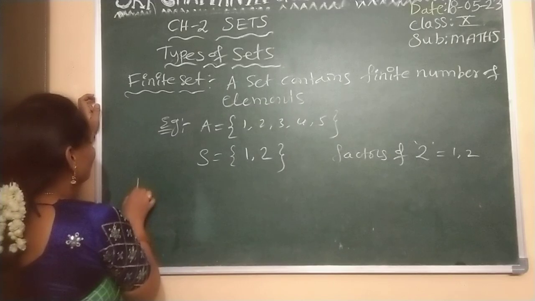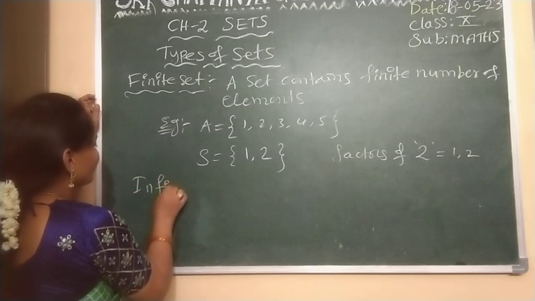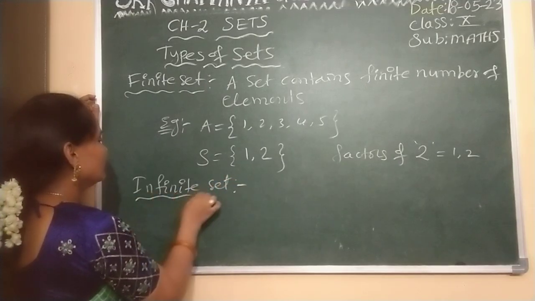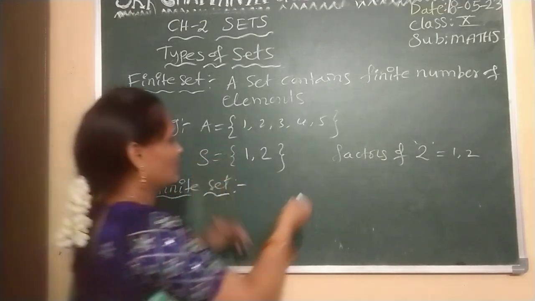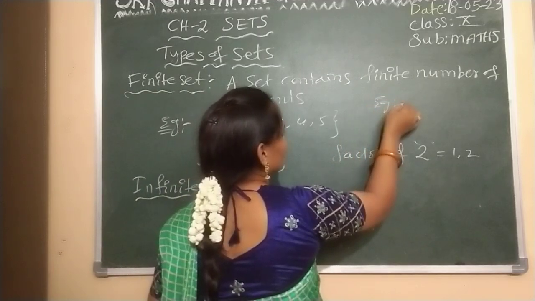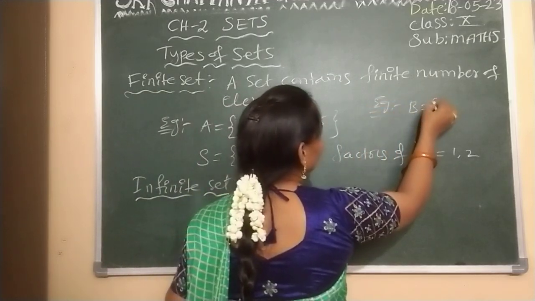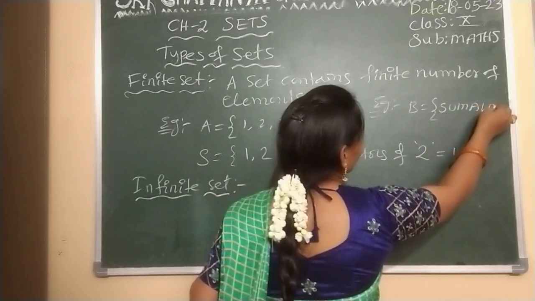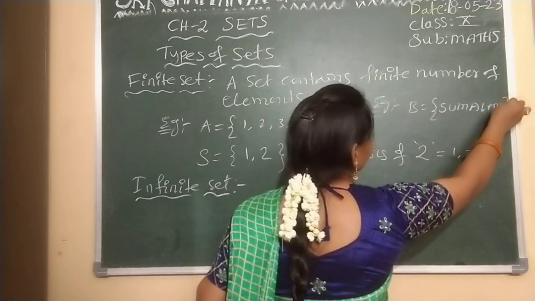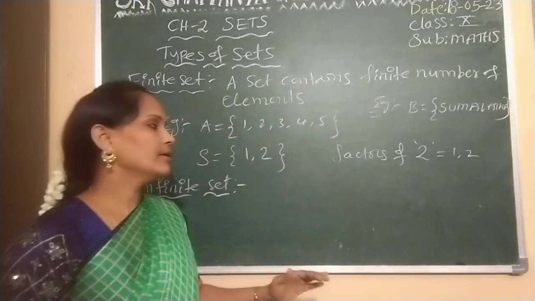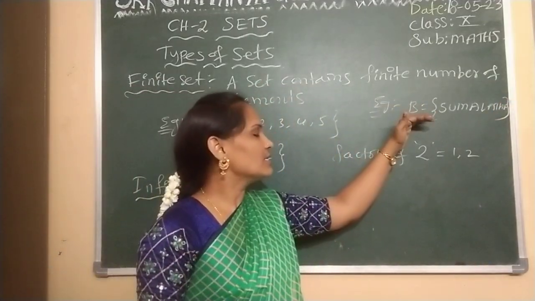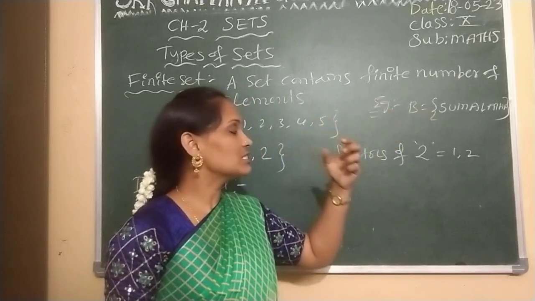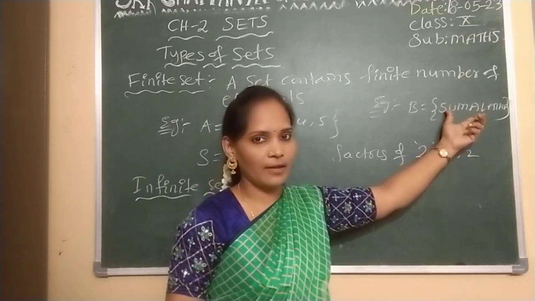Next, the infinite set. Before that, we can take one more example for the finite set. Suppose I am taking one set B, which contains the alphabets in the name Sumalata.